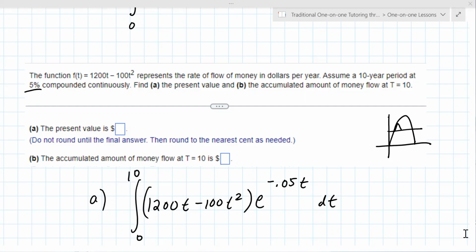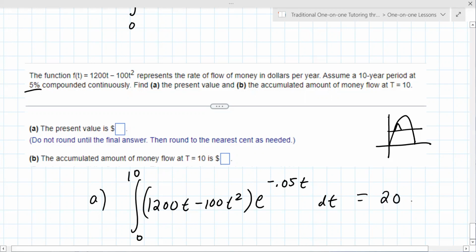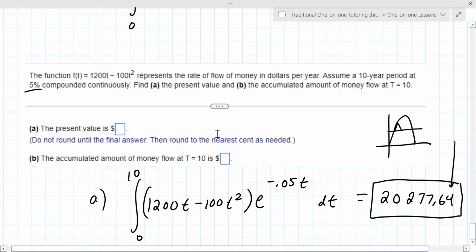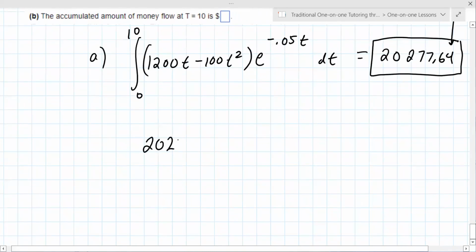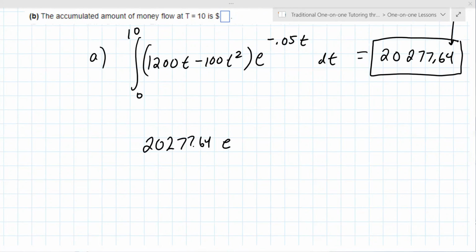Okay, so here is the answer. 20,277.64. All that work was to get this last digit decimal. Oh, wow. The calculator cut stuff off. Now you take that 20,277.64 and you multiply by e to the how many? 0.05 times 10.